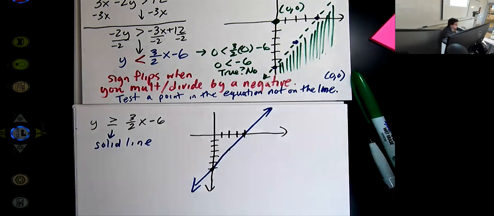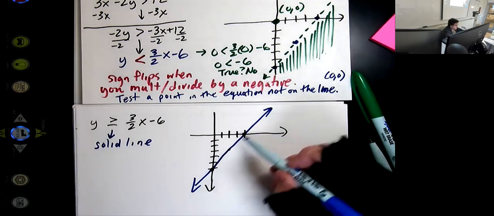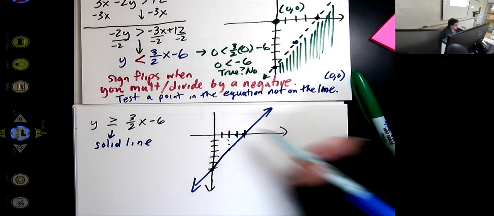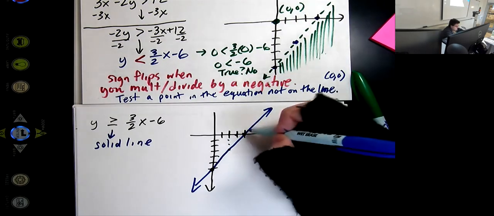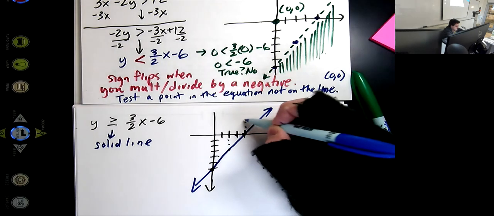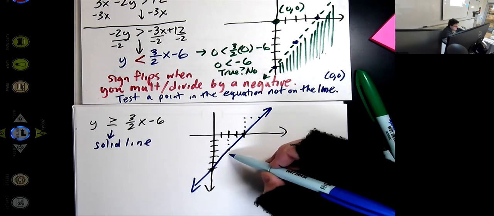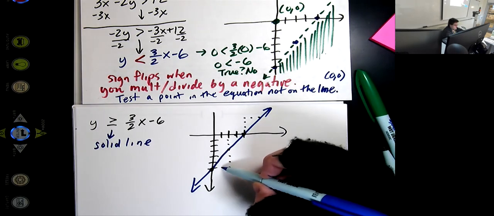How did you do the next one? This one over here. I did 3 over 2 from here. So you can keep going from any point on the line and go up 3 over 2. And I can go the other direction too. I could go down 3, left 2.